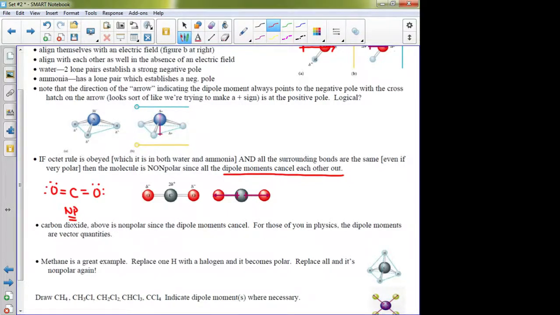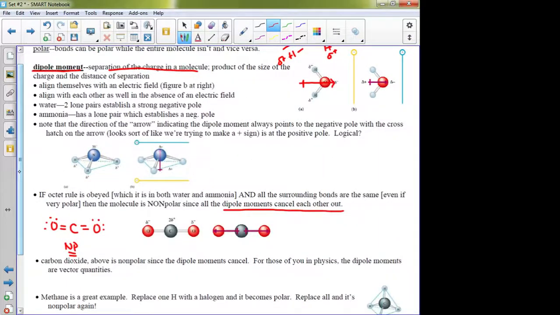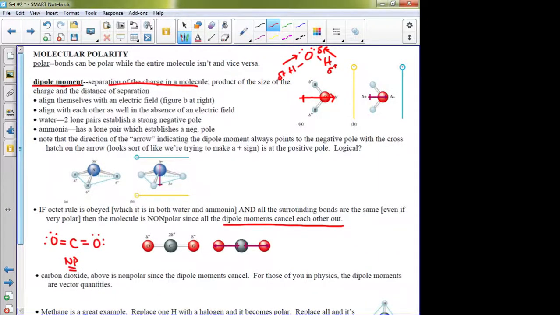Now, I know what we're thinking. Well, how come it didn't cancel each other out in oxygen? Don't I have two hydrogens here that are equally on both sides? But I've got lone pairs on the oxygens, which establish a strong negative pole. Whereas if we look at ammonia, polar or nonpolar?